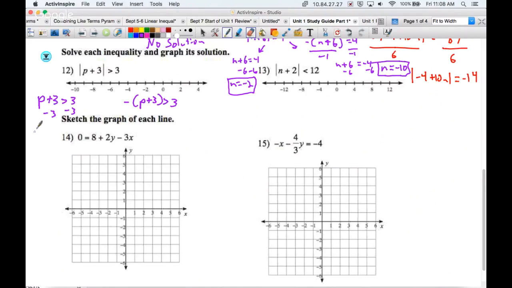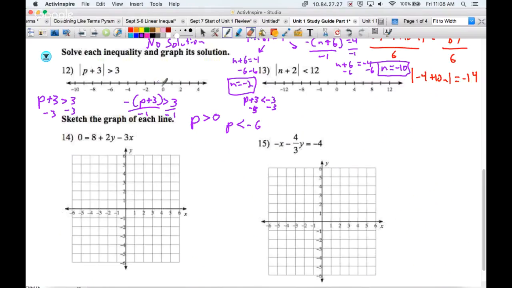This one over here becomes p is greater than 0, and this one over here, after I divide by that -1, that flips my inequality. p plus 3 less than -3, subtract 3, subtract 3. p is less than -6.